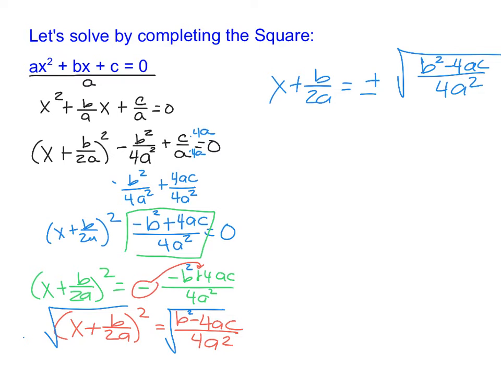But since we know the square root of 4a squared is 2a, I'm going to write that as the square root of b squared minus 4ac all over 2a. And then we're going to move the b over 2a to the other side.